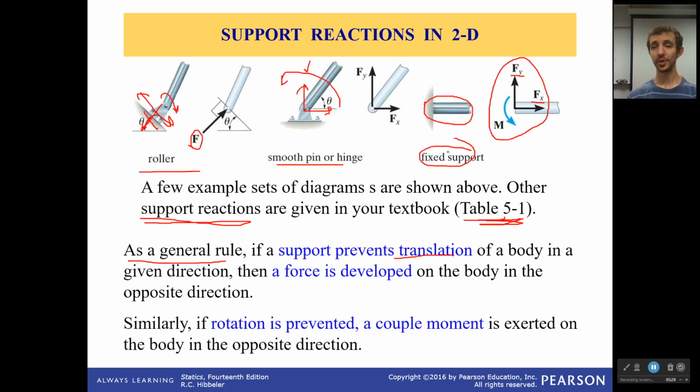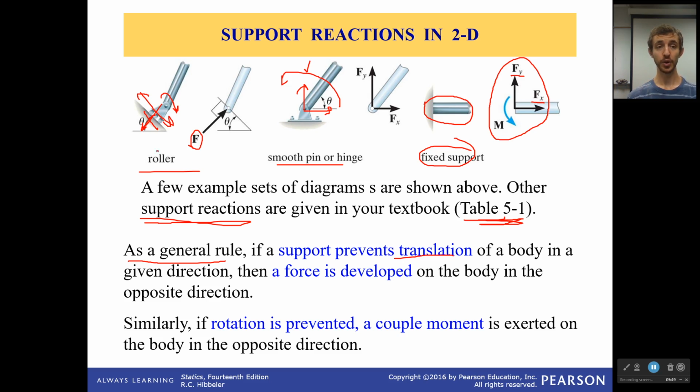Okay, so we'll stop there for now, and then after this we're going to go into an example where we actually try out using our new fancy free body diagrams to solve a rigid body equilibrium problem. So once again, there's three different basic types of supports, and whatever they resist, that's what they're going to have to create to stop that.